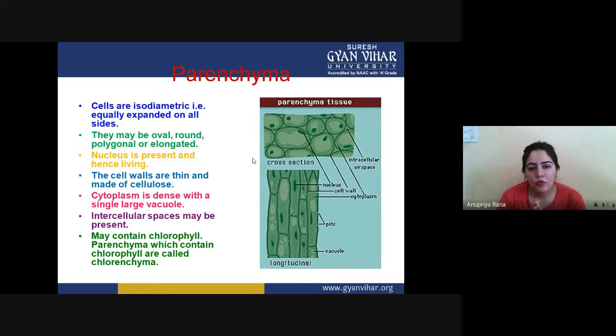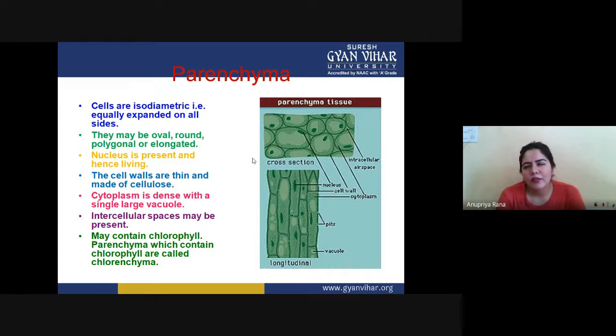They may be oval, round, polygonal, or elongated. So there is no definite shape you can tell about parenchyma. They vary according to species, their function, and the part in which they are present. Nucleus is present and hence living.